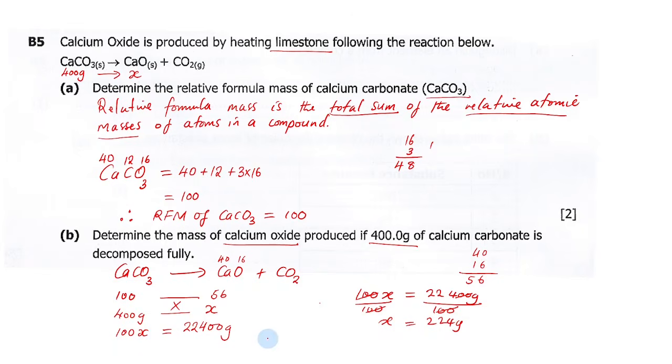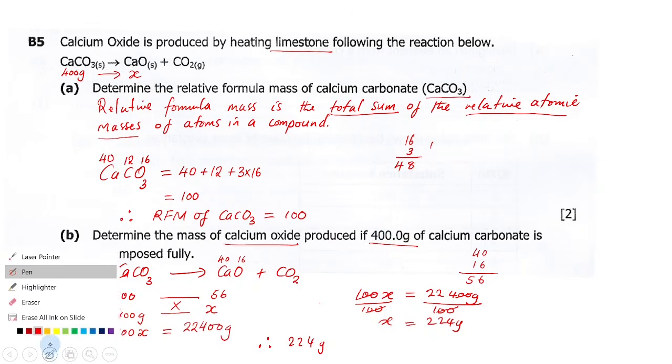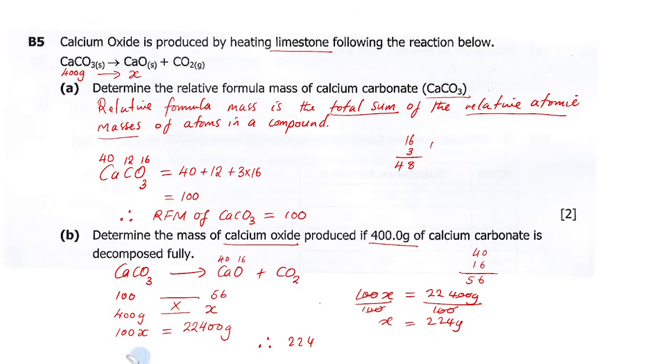So you say therefore 224 gram of calcium oxide. Because they've put a point here, using four significant figures, you use it too. That is how scientists work; you follow the order. So say 224.0 gram of calcium oxide will be produced.